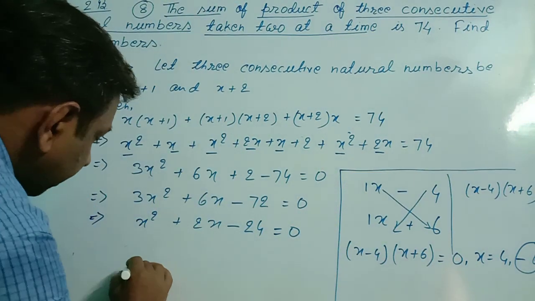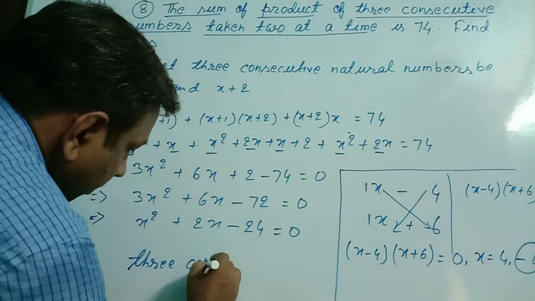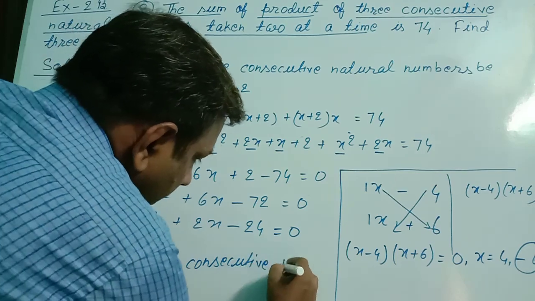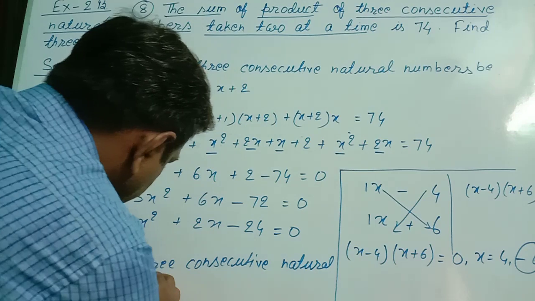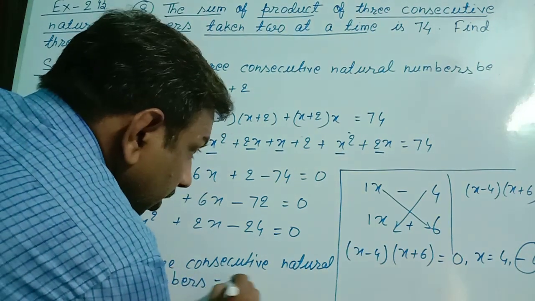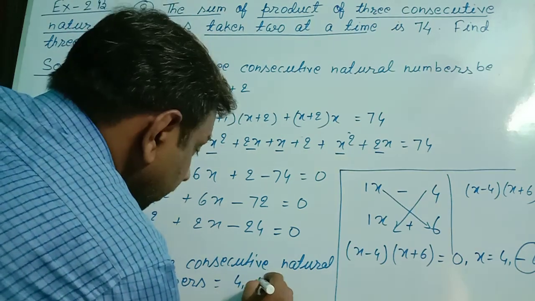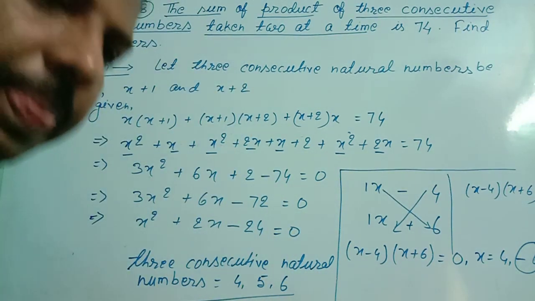Then the three consecutive natural numbers are x equal to 4, x plus 1 is 5, x plus 2 is 6. This became the answer.